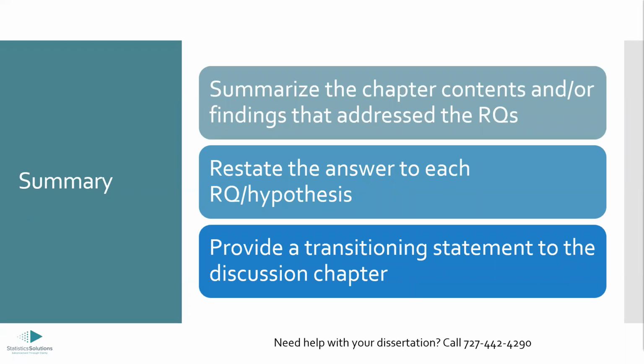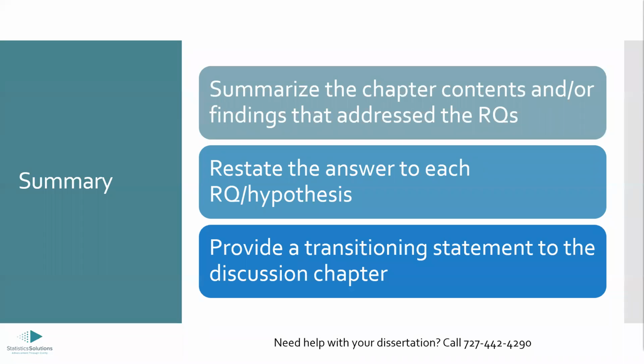Then after you present all of your results to answer each of your research questions, you may want to end your results chapter with a summary. So you can either summarize the entire contents of the results chapter or just summarize the answers to the research questions. In this section, you want to make sure you restate the answer to each research question or hypothesis.